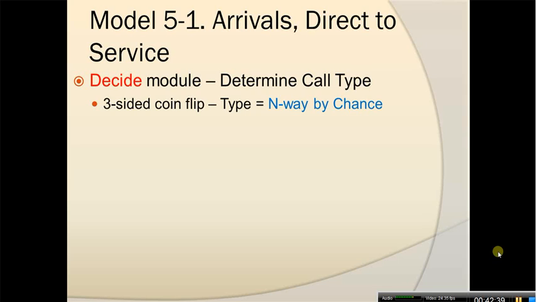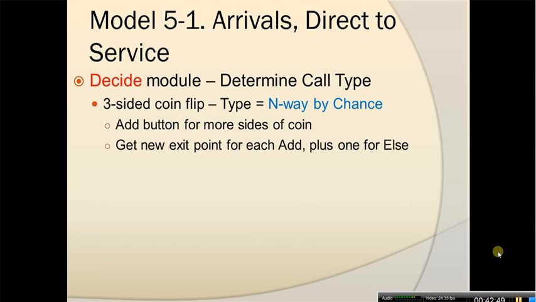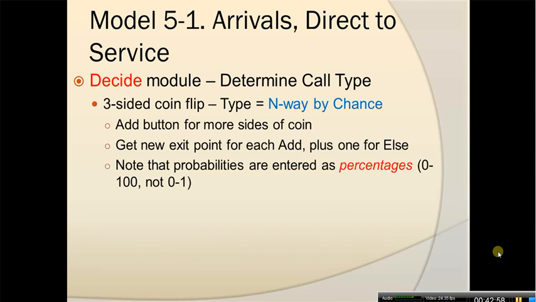So the type that we're gonna choose for the decide module is gonna be n-way by chance, and we're gonna be pressing the add button to add more sides of a coin, and we get a new exit point for each add, plus an extra one for all the others, or else. And you need to know that the probabilities are entered as percentages, so the values are between 0 and 100 and not between 0 and 1.